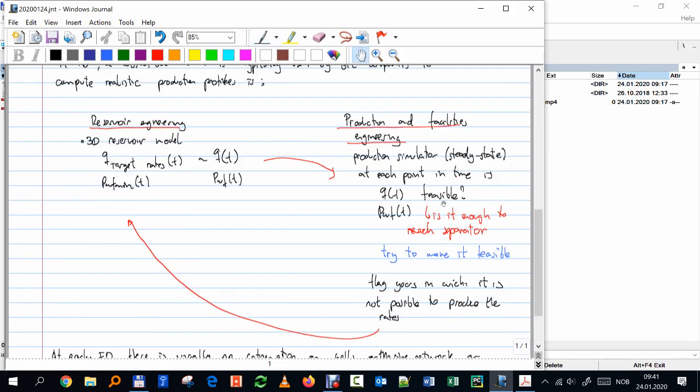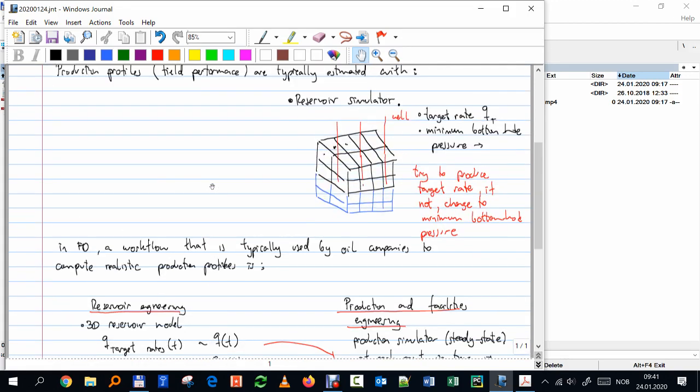This process is actually very important to see that those rates are going to be feasible. Okay, so if it is not done because the model doesn't exist, or I don't have any idea how I'm going to produce it, it actually causes some inaccuracy in the profiles that I calculate. If my reservoir engineers did a good job at predicting this minimum bottom hole pressure, it might be over-predicted, under-predicted, or it might be spot on.